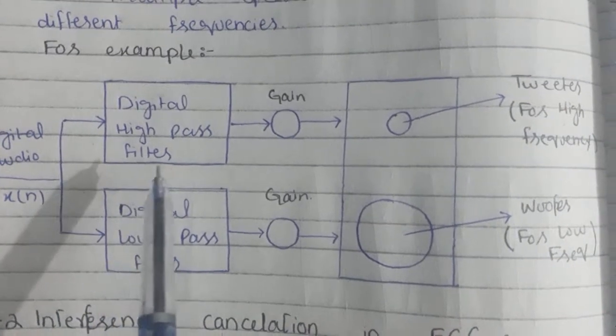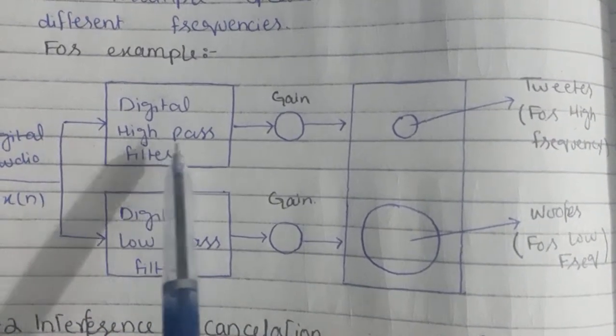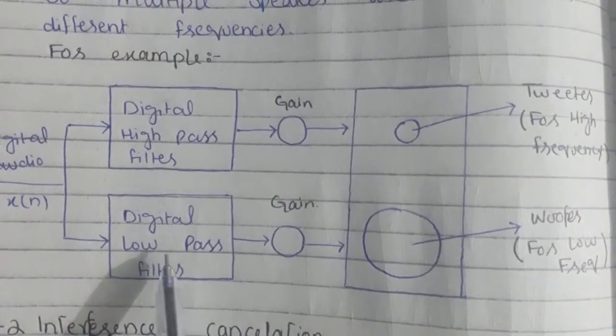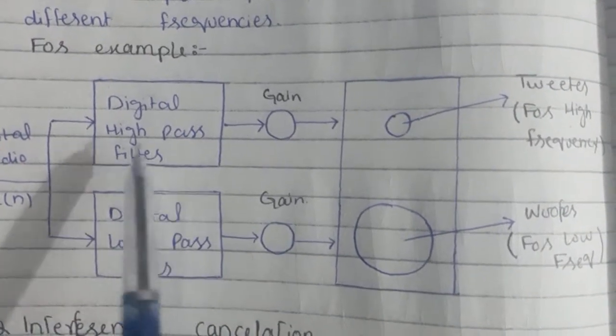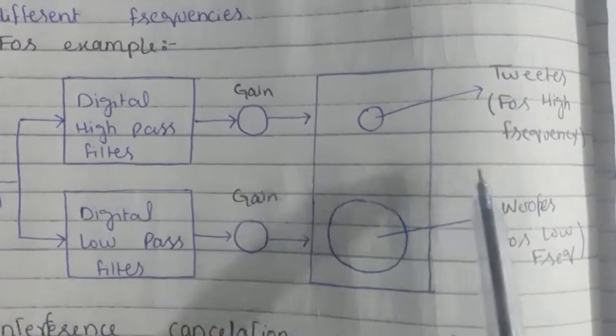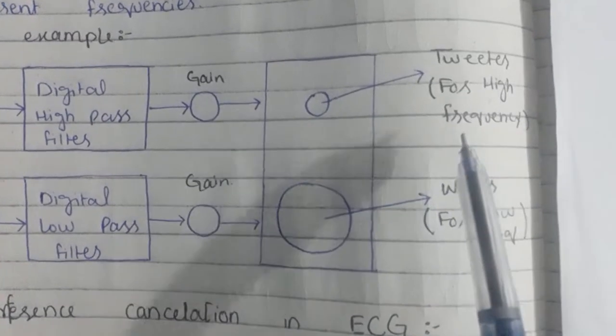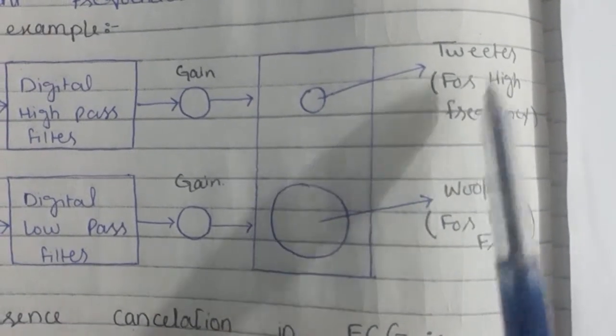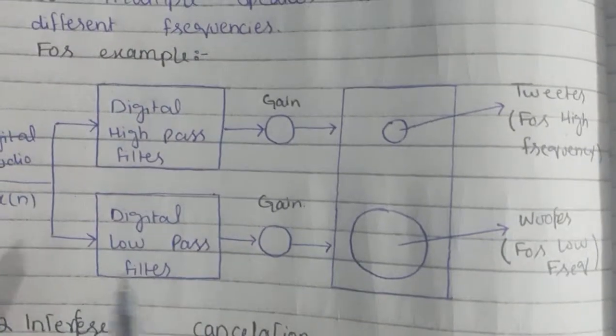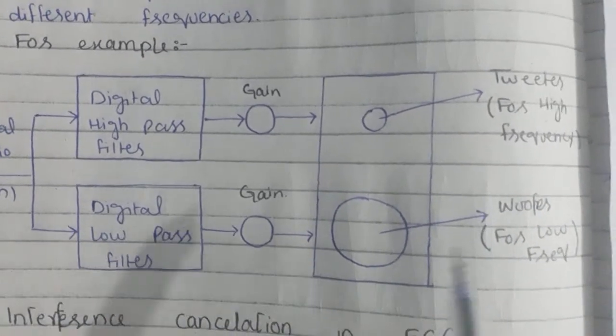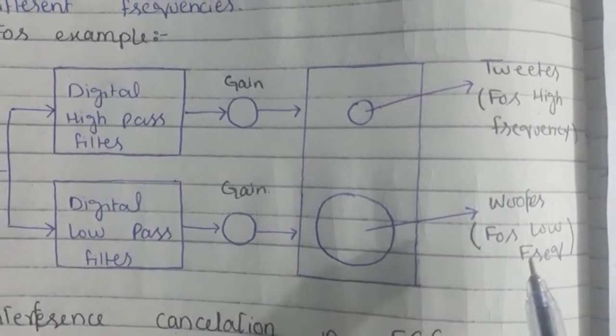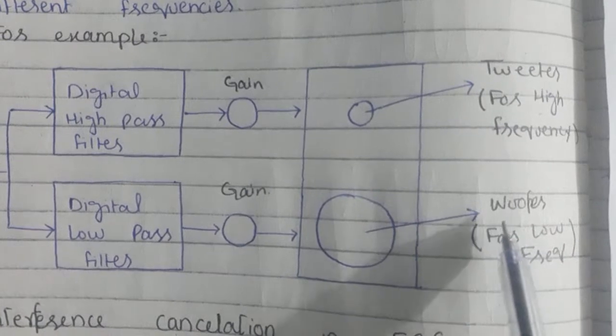Here we apply a digital high pass filter, and here we apply a digital low pass filter. For the high pass filter we use a speaker for high frequencies, which we call tweeters, and for the low pass filter we use a low frequency speaker, which we call woofers.